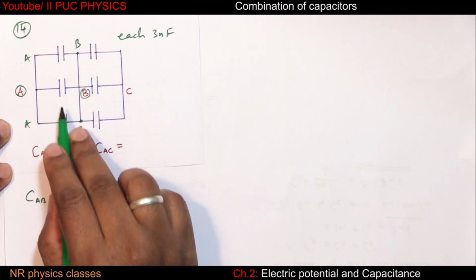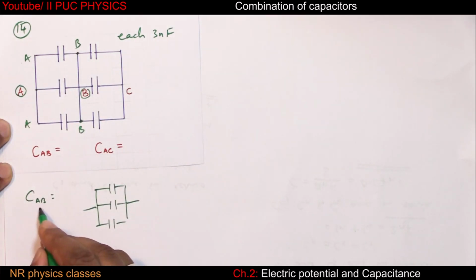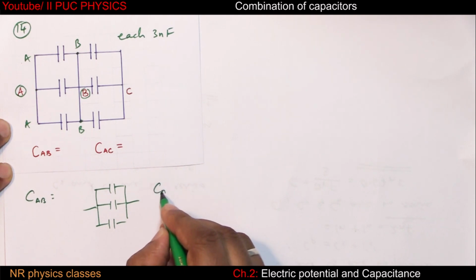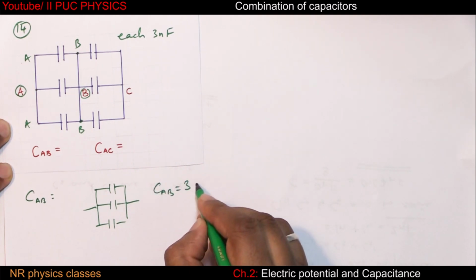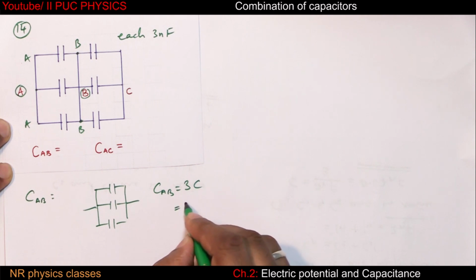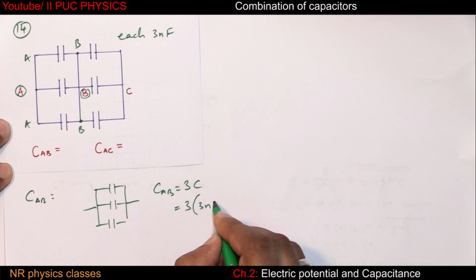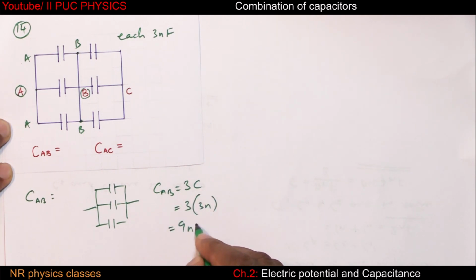If each is 3 nanofarad, then CAB is 3 times C. 3 times 3 nano equal to 9 nanofarad.